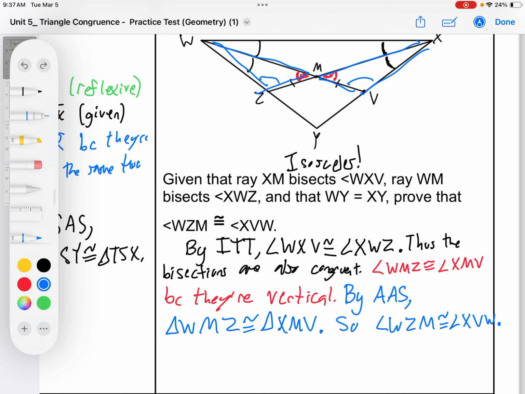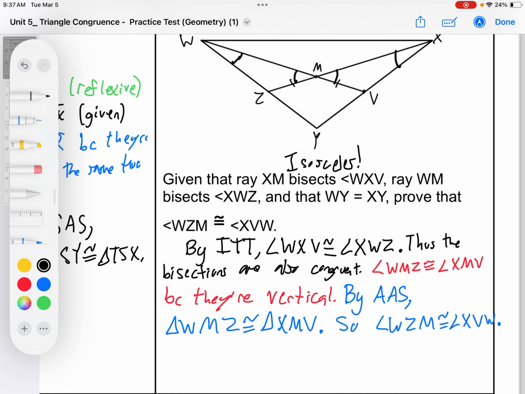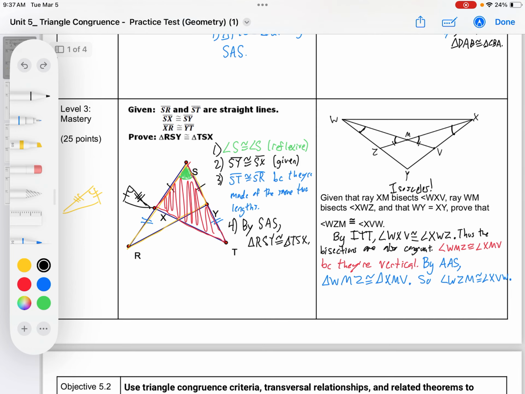So in my case, I recognized that since I knew this and this were congruent, and I could see that this and this were congruent, and it's already marked that MZ and MV are congruent, now we can apply the angle side theorem to show that they are congruent to each other. All right, that's all for this one.